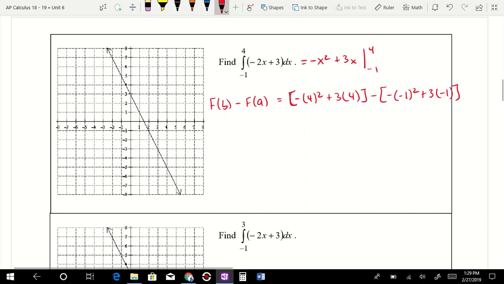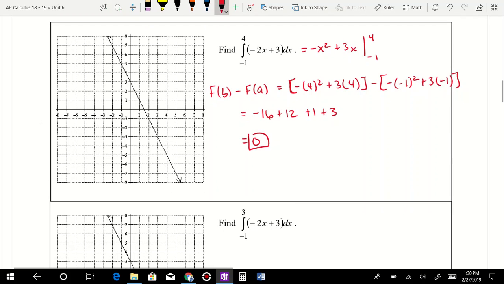No need for the C. So that gives us negative 16 plus 12 plus 1 plus 3, which is equal to 0. Interesting.